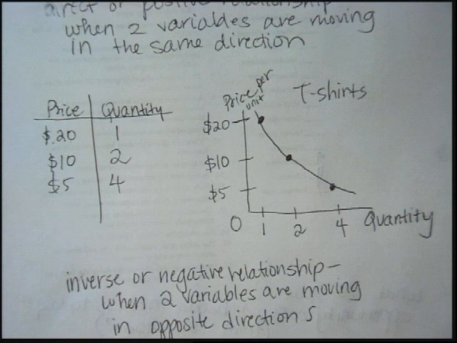Can y'all think of some examples of two real-life variables that have a negative relationship? Maybe the more income you have, what's something that you might do less?